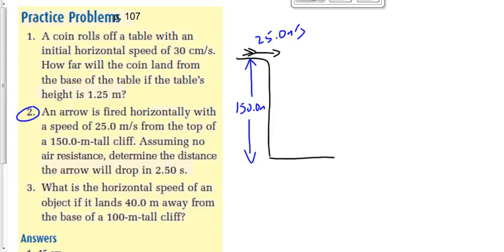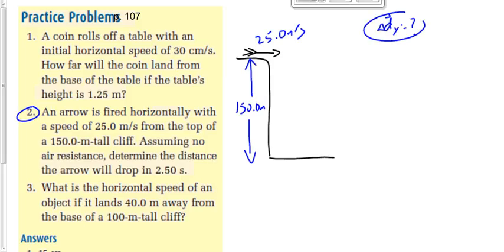We want to know not how far it goes, but the distance that it falls. What are we looking for here? The y what? Yeah, the y displacement. We want to find the y displacement.